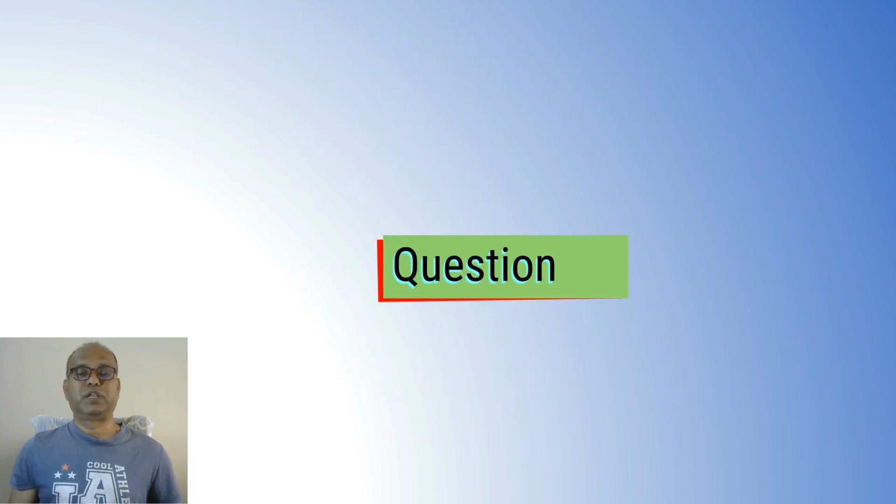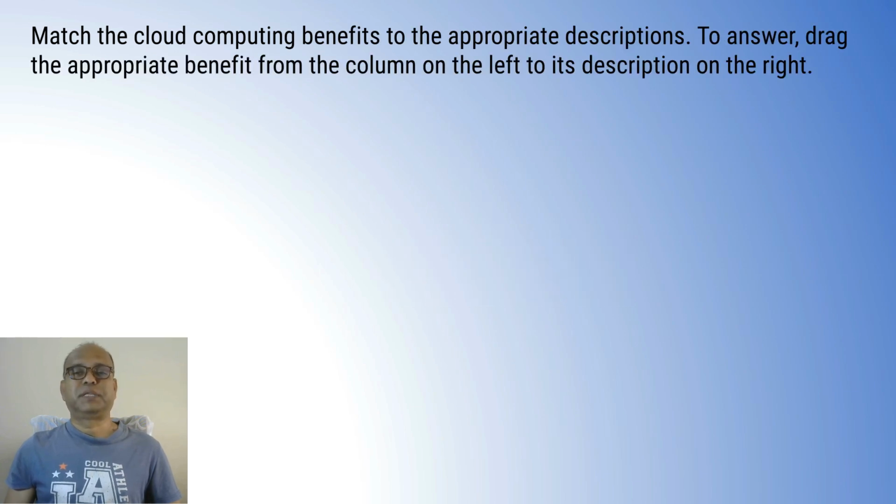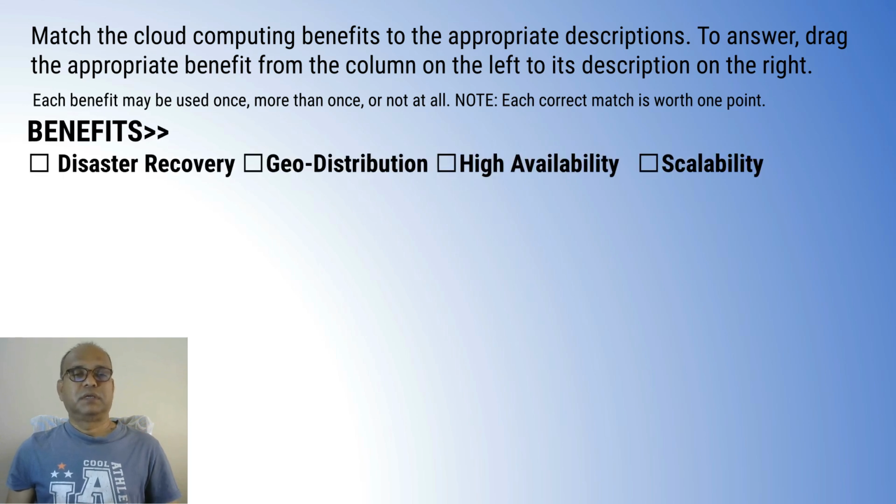Next question, question number 98. Match the cloud computing benefits to the appropriate descriptions. To answer, drag the appropriate benefit from the column on the left to its description on the right. Each benefit may be used once, more than once, or not at all. Note: each correct match is worth 1 point. Benefits: disaster recovery, geo-distribution, high availability, scalability.